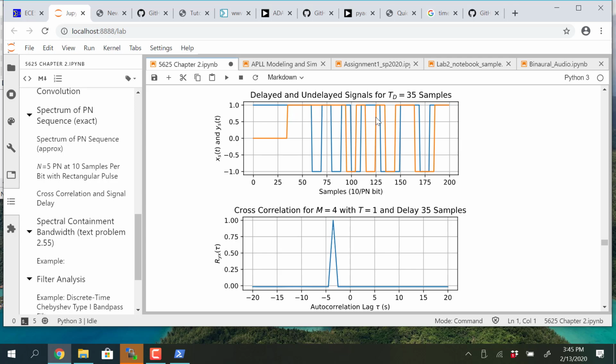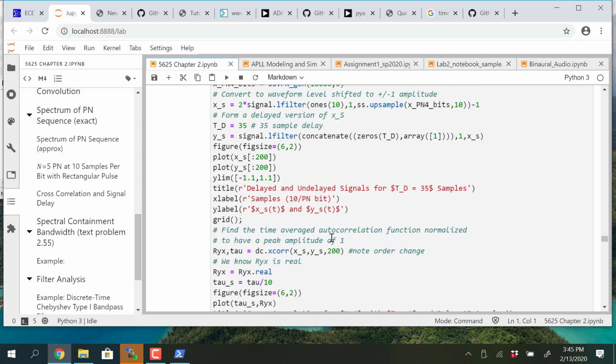Here we've got the signal and the signal delayed, and then the cross-correlation function shows a negative lag, and you're saying, but wait a minute, it should be delayed. Well, it has to do with the order that I put it in here, so let me just swap these around. When I correlate X with Y, it looks like X is earlier than Y, so it's negative because it arrived earlier than Y did.